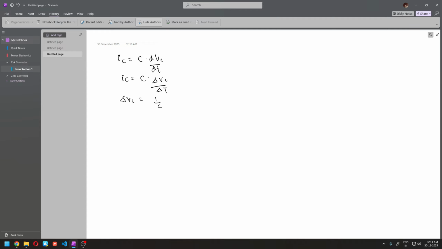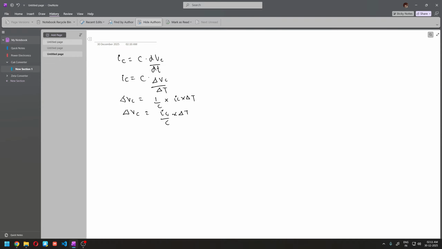So basically 1 by C into IC into delta T, right? So IC by C into delta T, correct. So we have the generic equation. So now we need to find the current through the capacitor, right?